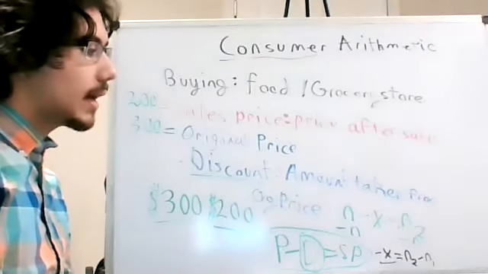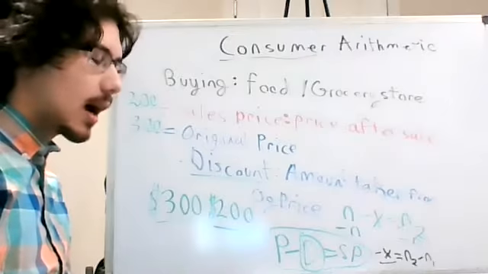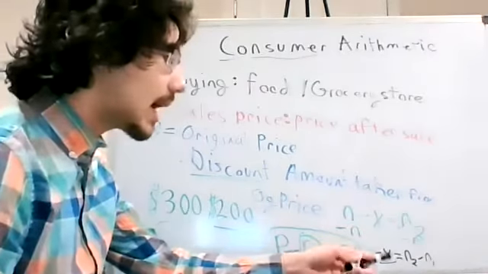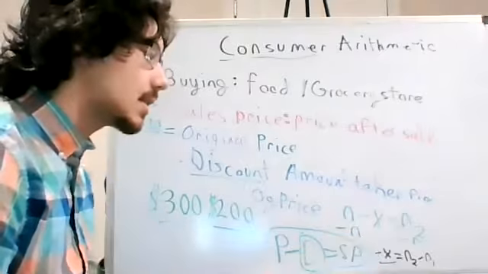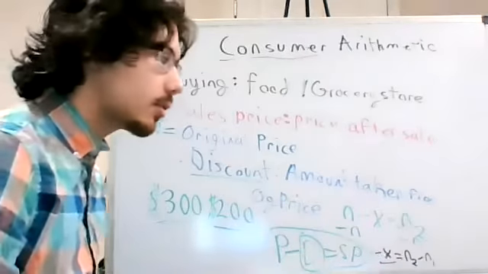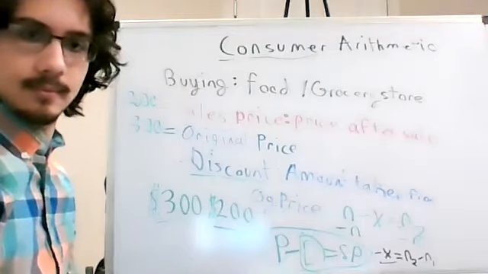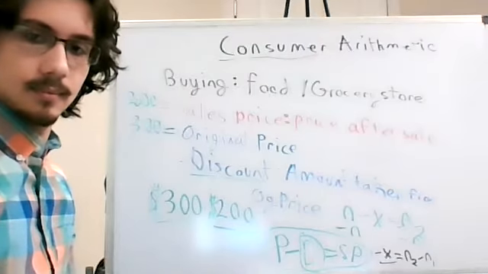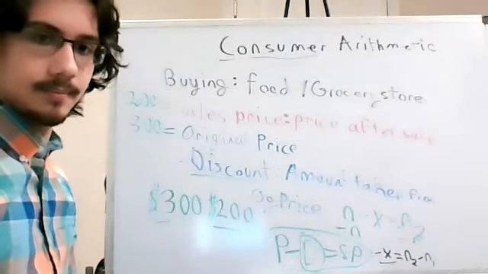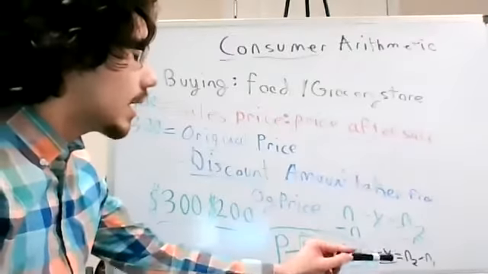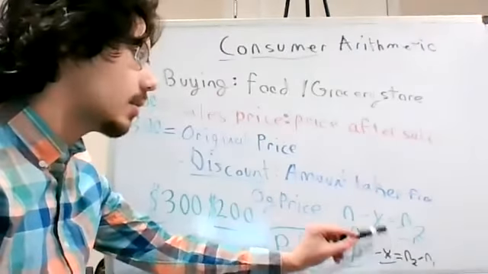Okay, so we have a negative number and we have a negative number. We are trying to find the positive number of this. So what do we want to do? We want to get rid of what? The X. We want to find X, right?